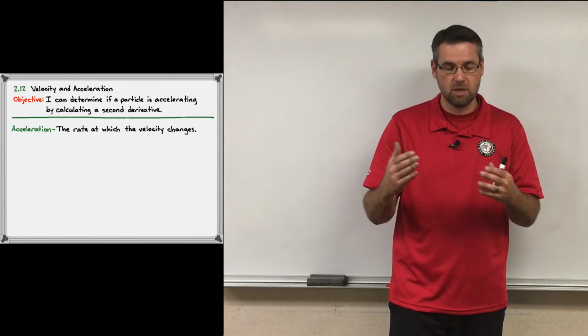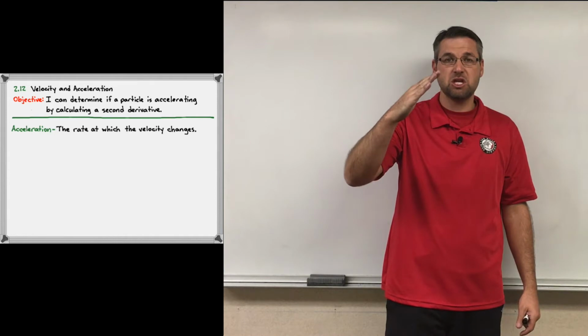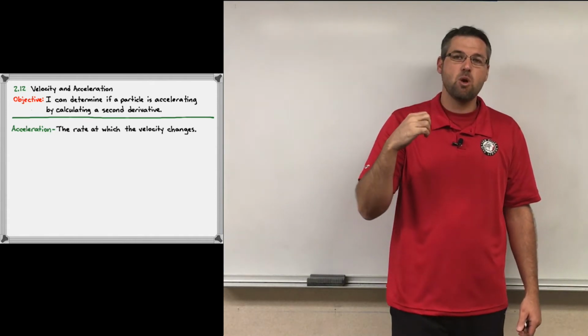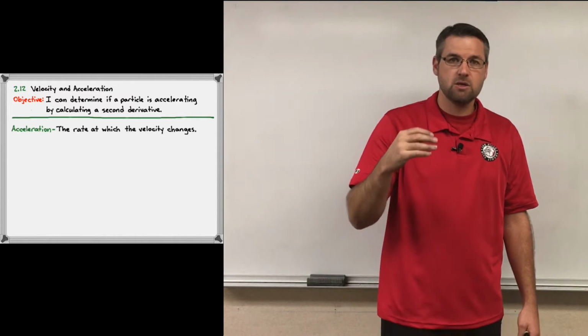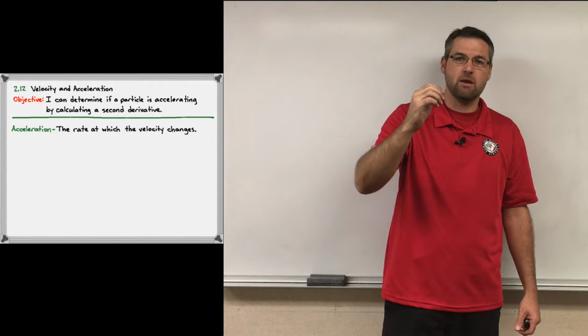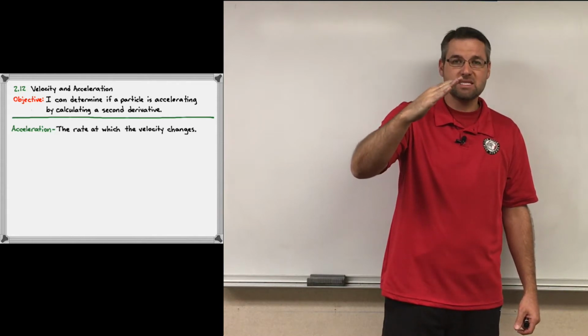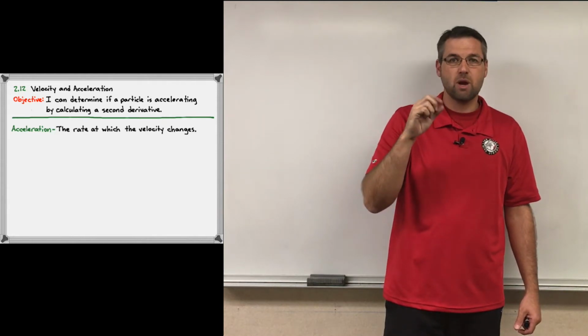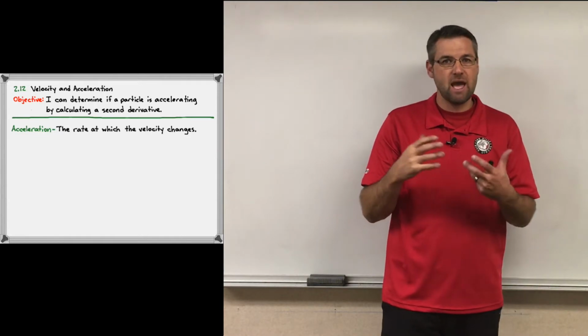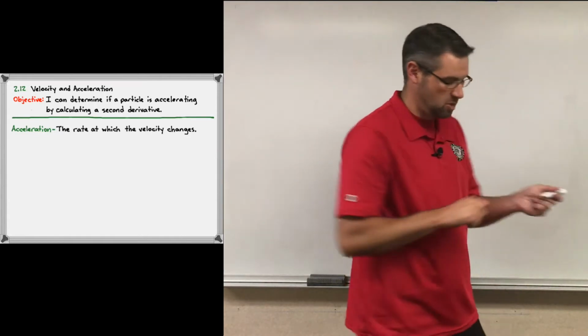If your speed changes from 60 miles per hour to 50 miles per hour, then you are decelerating, right? So your speed is decreasing, which means your acceleration is negative. So that plays into that relationship a little bit.